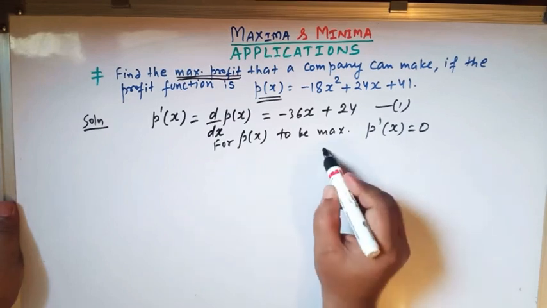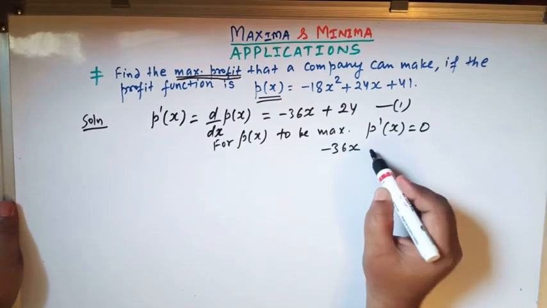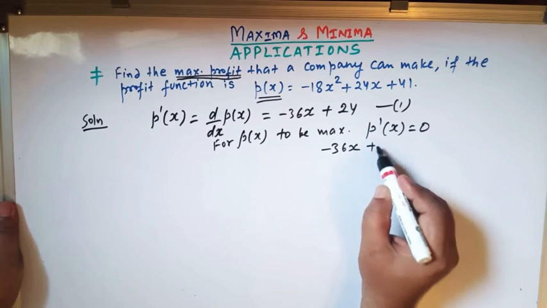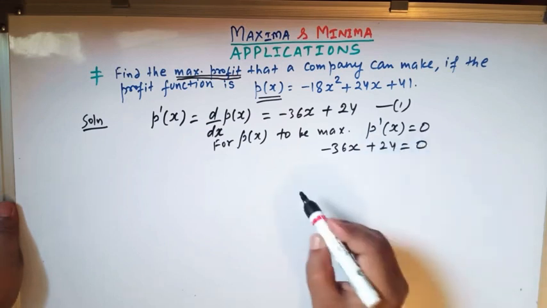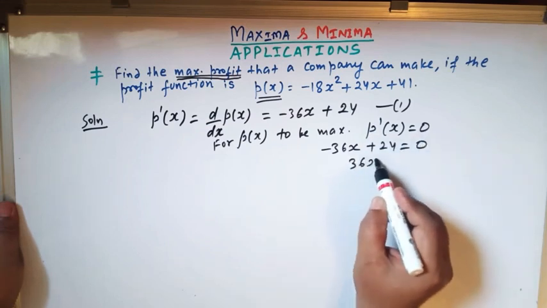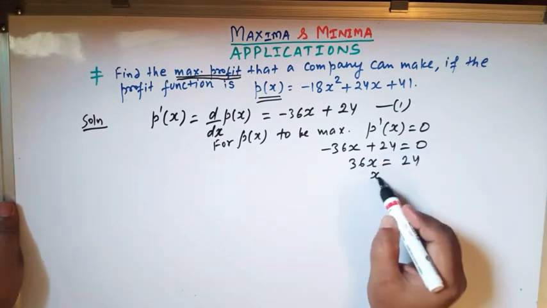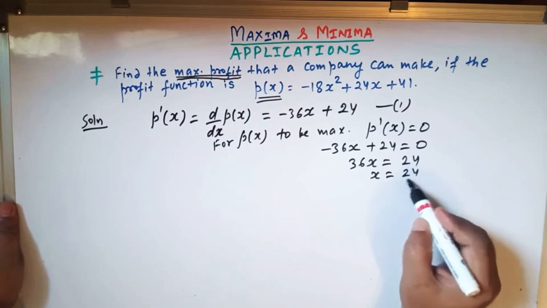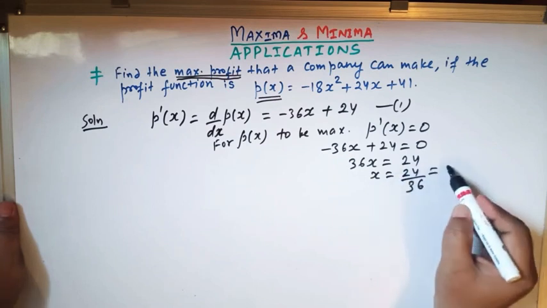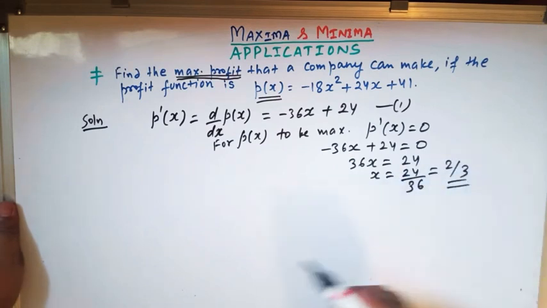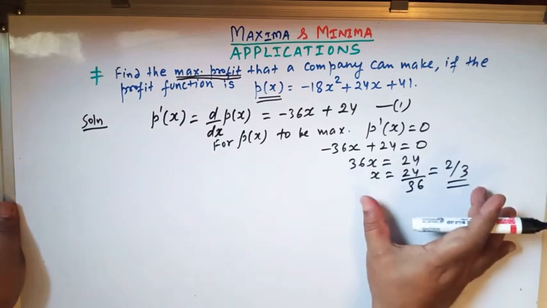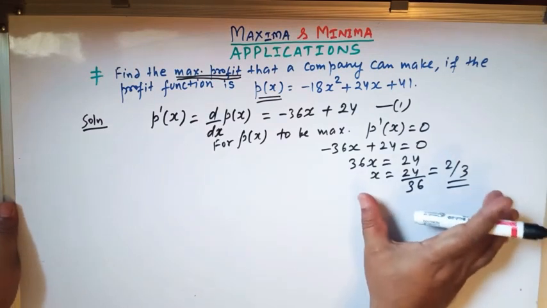So here we have minus 36x plus 24 equal to 0. So 36x is equal to 24. So here we have x equal to 24 over 36, which can be written as 2 by 3. So this is the turning point or the critical point.